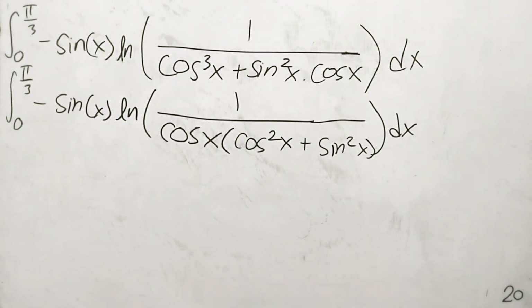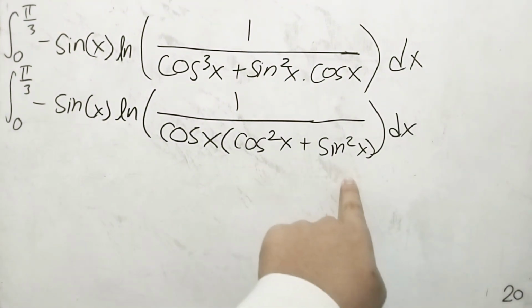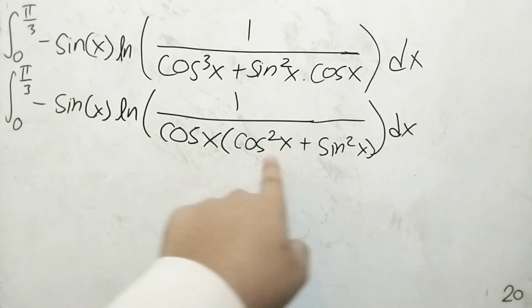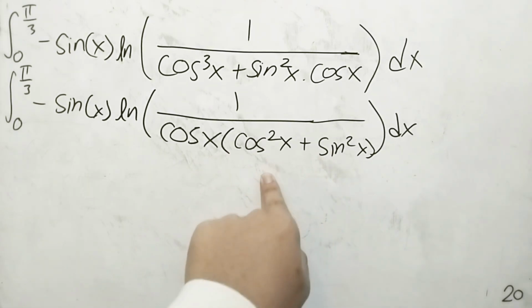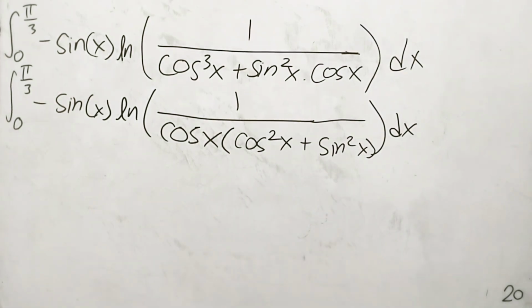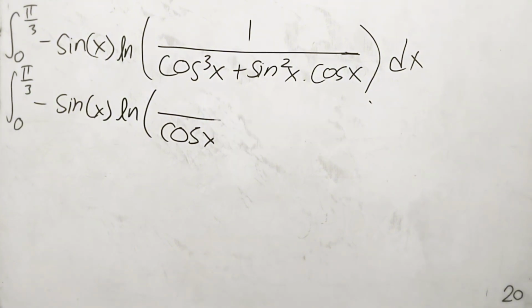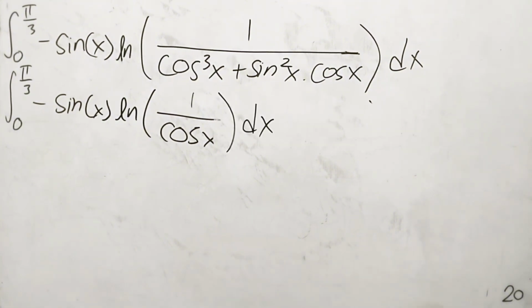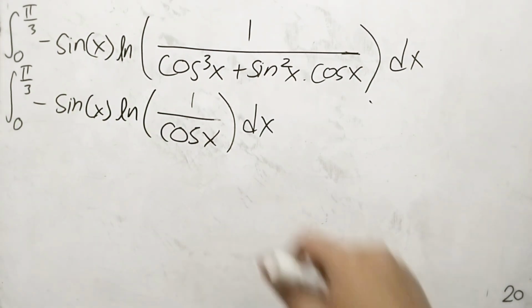And then, would you look at that, we're all familiar with this. This is just 1, right? Because cosine squared plus sine squared equals 1, so we can just delete that, leaving us with 1 over cosine x dx. And what is 1 over cosine? That's just secant x.